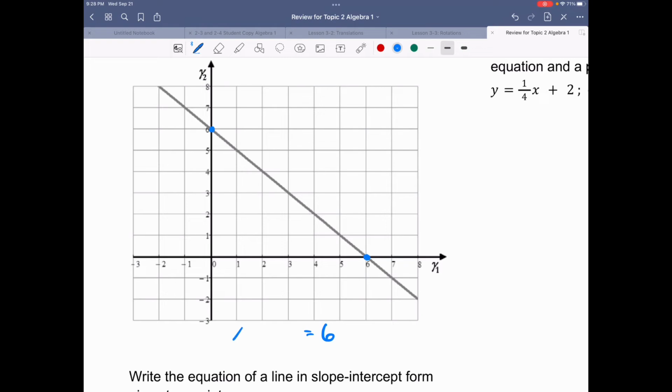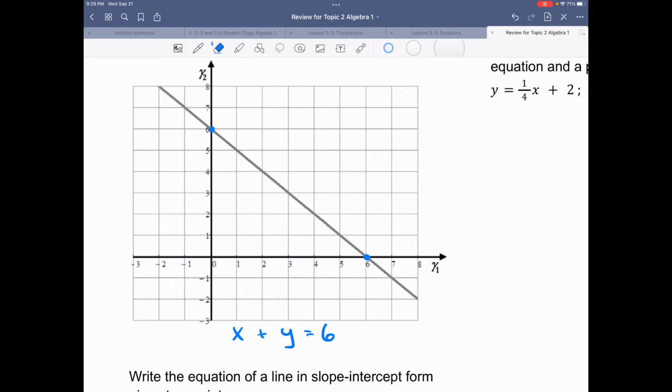And something times x plus something times y equals 6. But it's just 1, right? 1 times x, or if I put a 1 here, and I solve for the x-intercept, I get 6. And if I put a 1 in the y, and I solve for y, 6 divided by 1 is 6. So that is one way to write an equation.